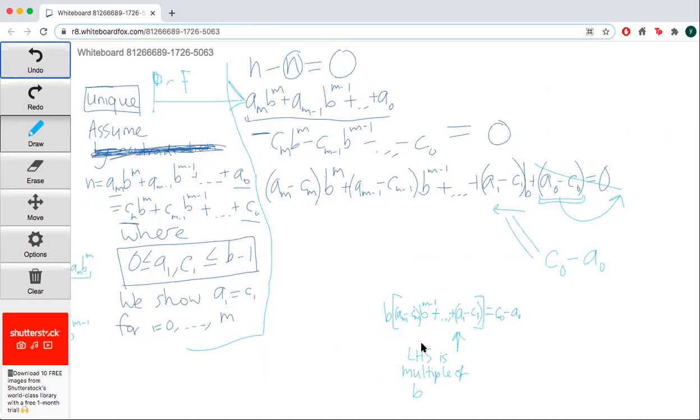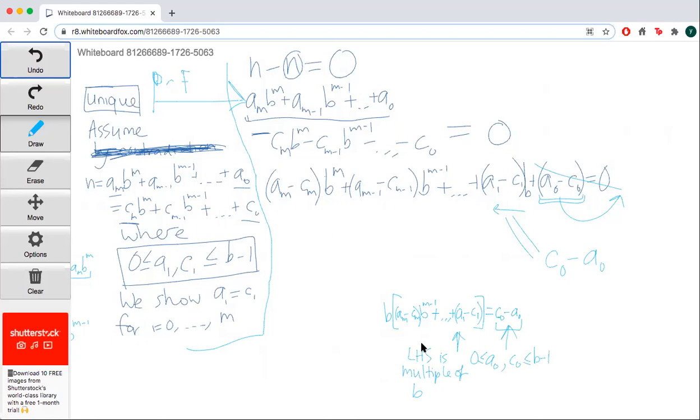Okay, cool. But then my right-hand side, well, each of these numbers, a0 and c0, is greater than or equal to 0, but they're also both less than or equal to b minus 1.